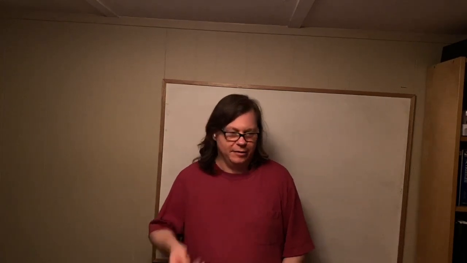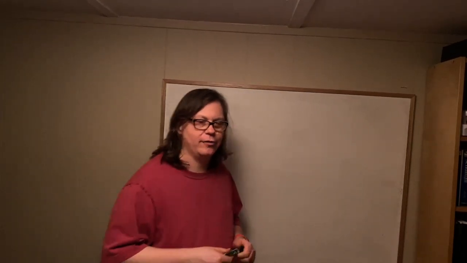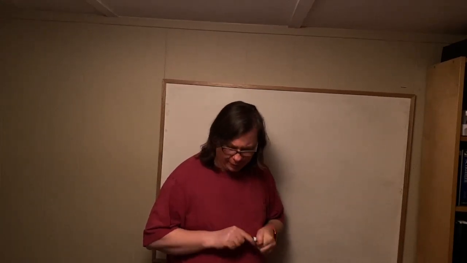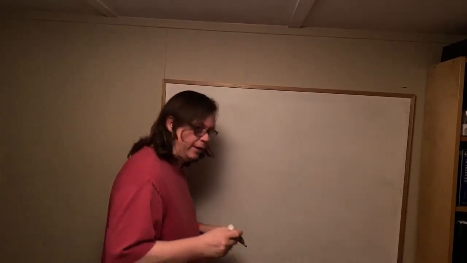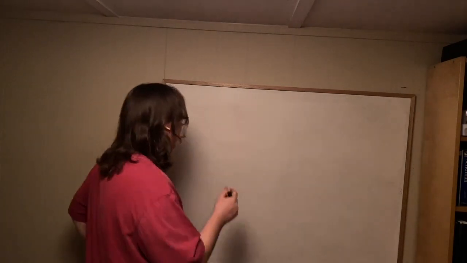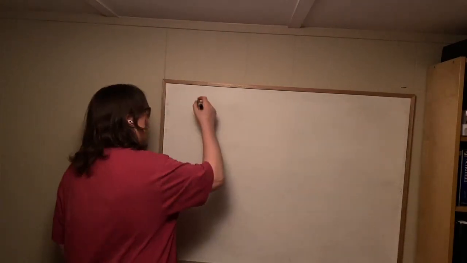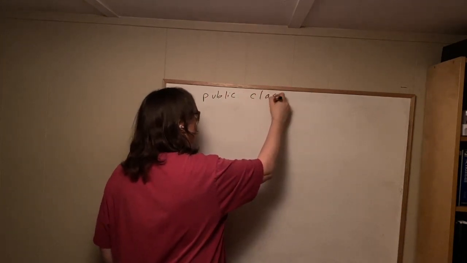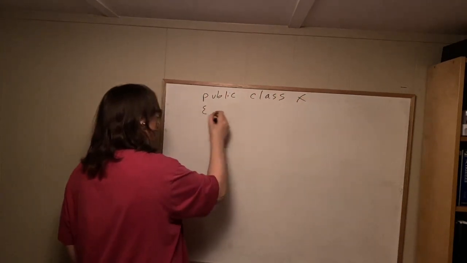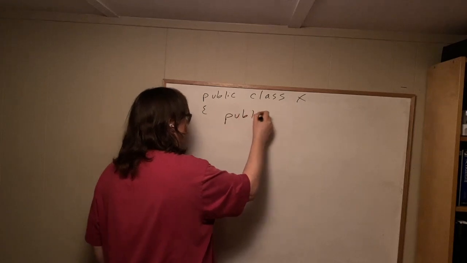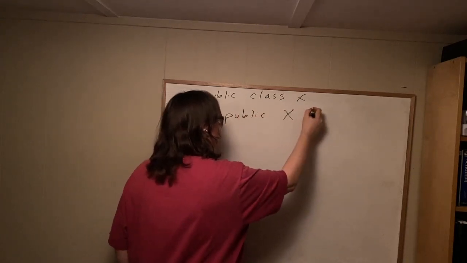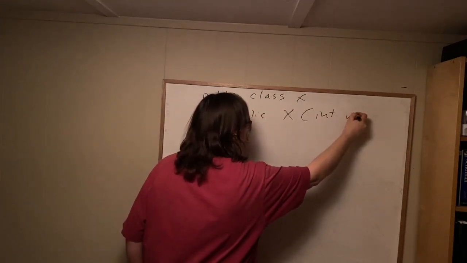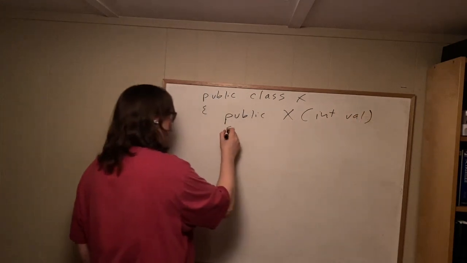Unit testing. So we're going to talk about how to test our code to make sure things are correct. We've seen a little bit about this already, inadvertently, with the idea of a constructor, right? So we have our class. It has a constructor that takes an int.